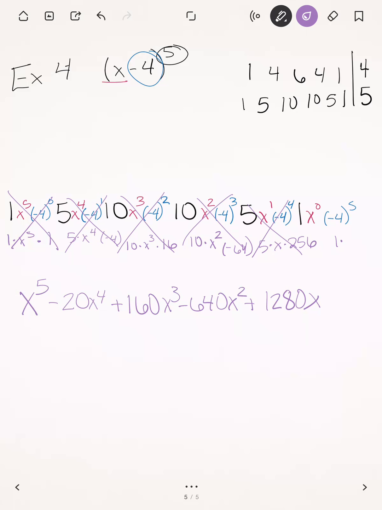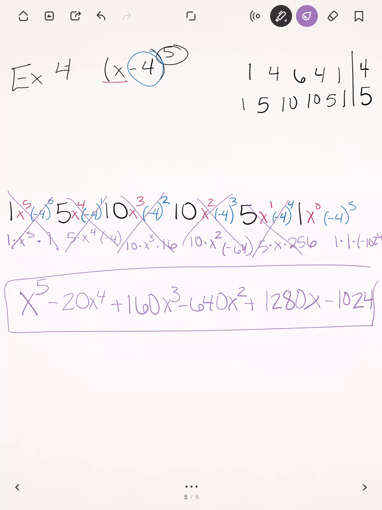Next I have 1 times 1 times, it's going to be a negative 4 to the 5th. I get 1,024. Ran out of space. When I multiply all of that together, I get a negative 1,024. And that is expand. So this is a video on binomial expansion and using the Pascal's triangle.